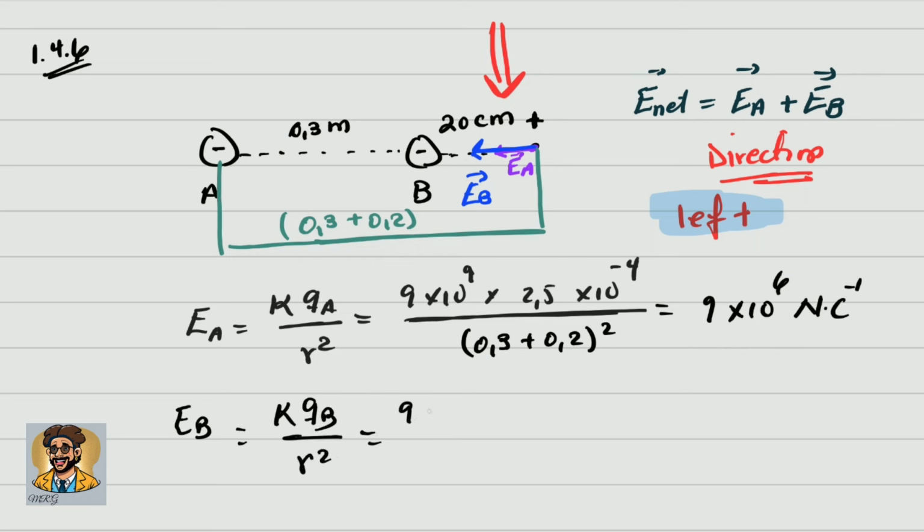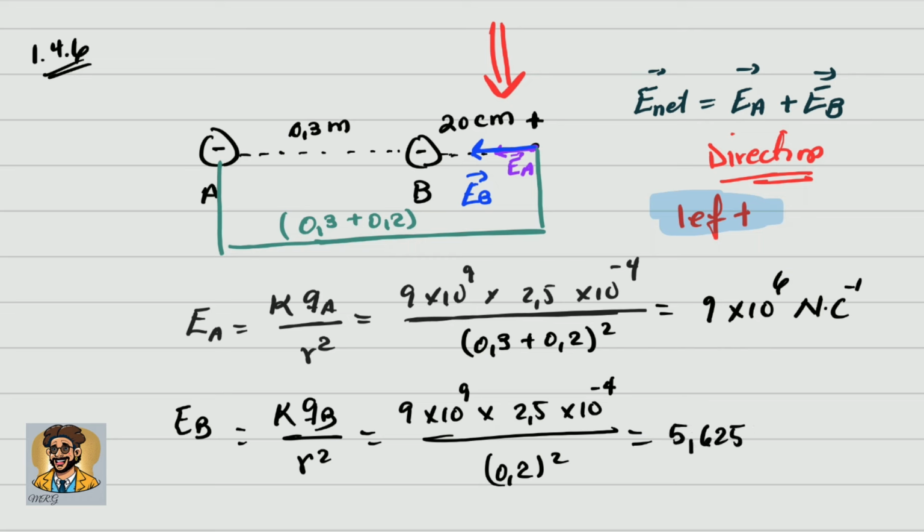Now in this case it is 9 times 10 to the 9 times 2,5 times 10 to the minus 4 divided by, the distance is only 0,2 squared. Alright, so what do we get in here? We get the answer 5,625 times 10 to the 7 Newton per coulomb.